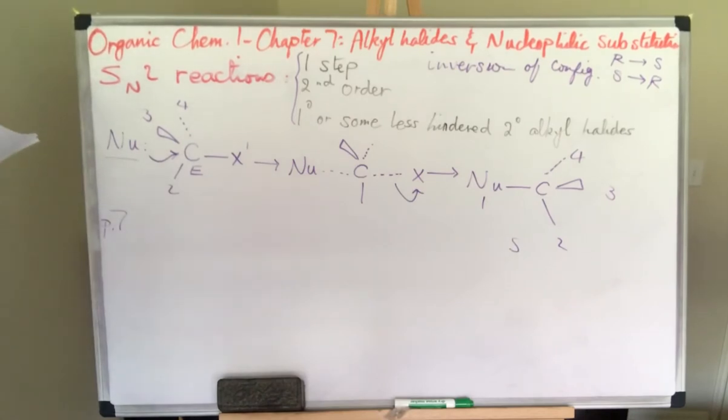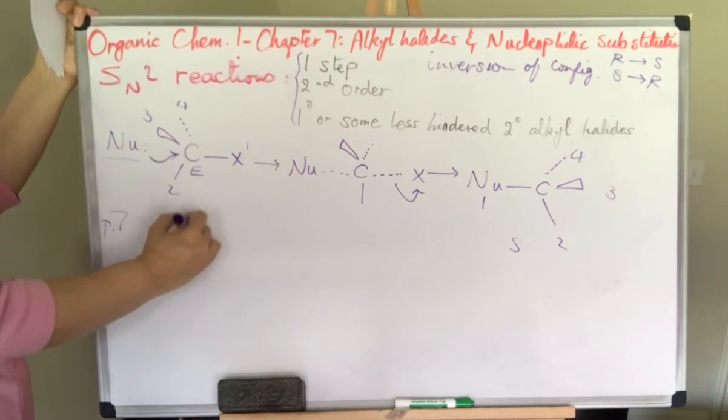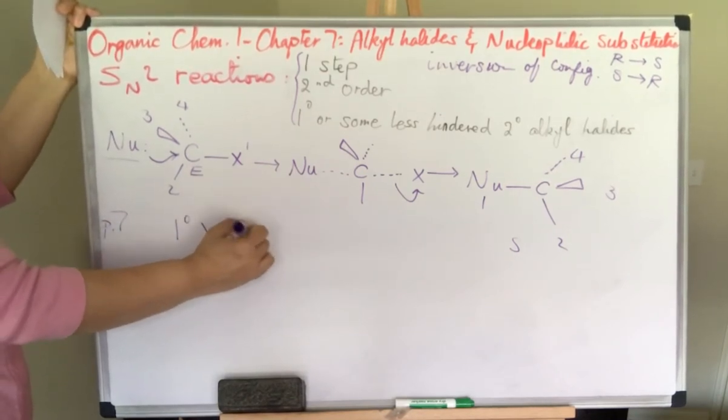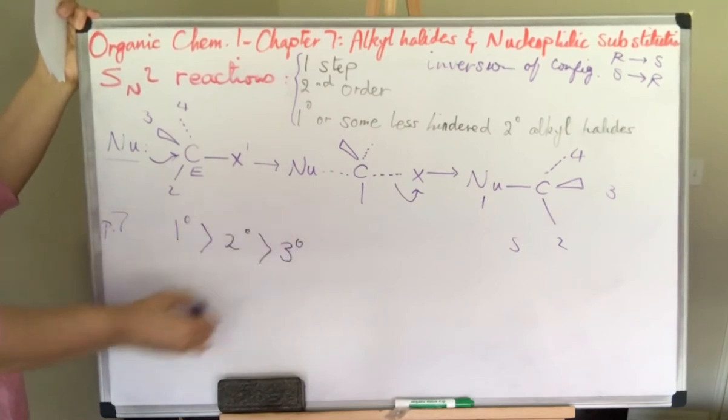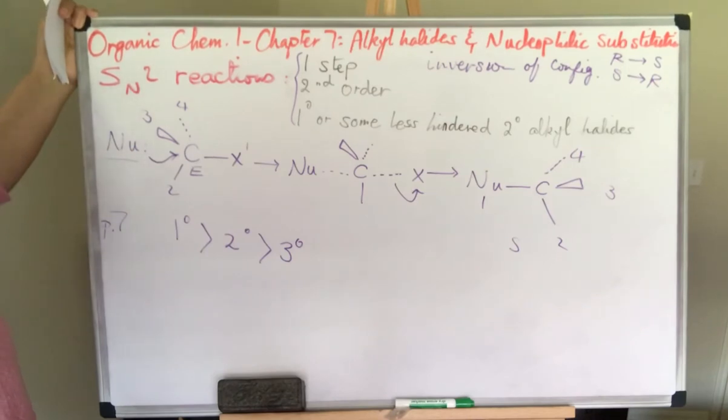As far as the substrate, the alkyl halide, we said primary is better than secondary, which is better than tertiary. Of course, the less hindered the secondary, the better. It's a backside attack.